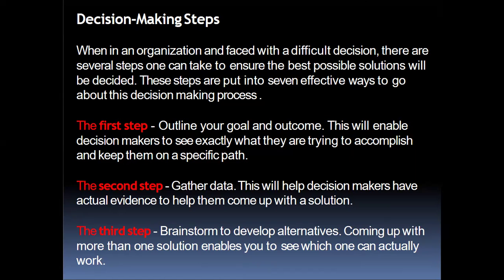specific path. Second step, gathering the data relevant to the problem, and this will help the decision maker to have actual facts or evidence in order to come up with the right solution. The third step, brainstorm to develop the alternatives, coming up with more than one solution that enables you to see which one you can possibly work out.